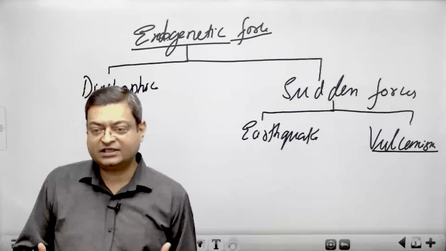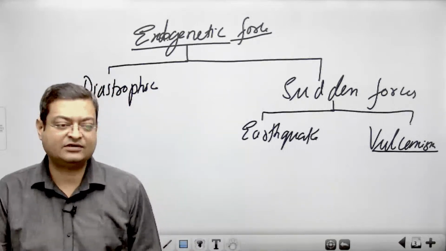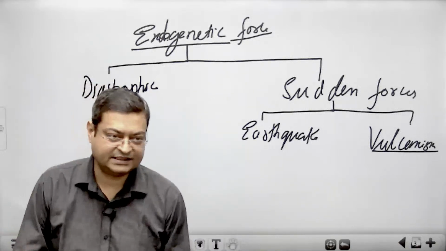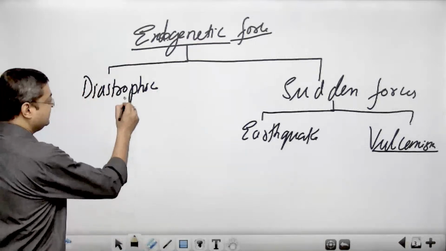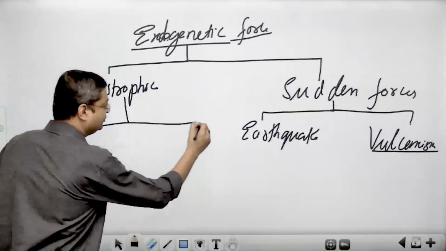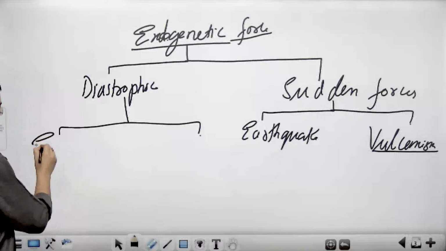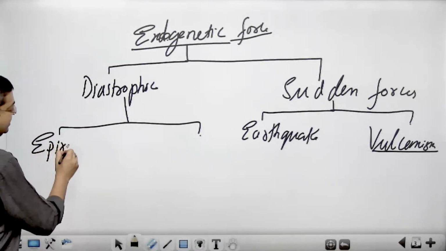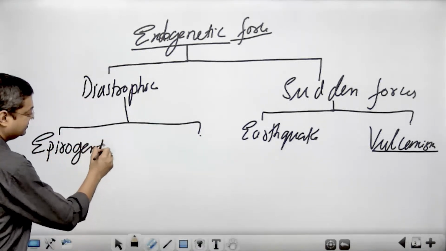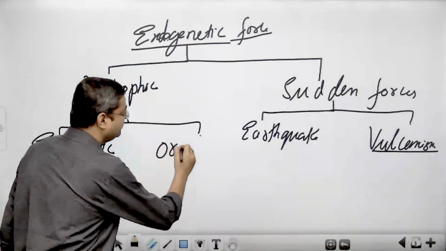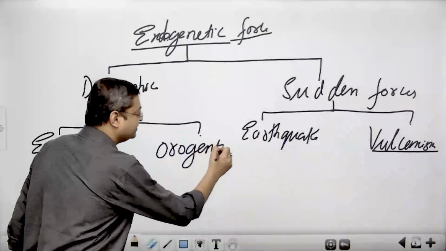Now this diastrophic force, what is diastrophic force? It leads to the deformation of the earth crust, mountains and so on. Okay? It is again subdivided into two: epirogenetic and orogenetic.